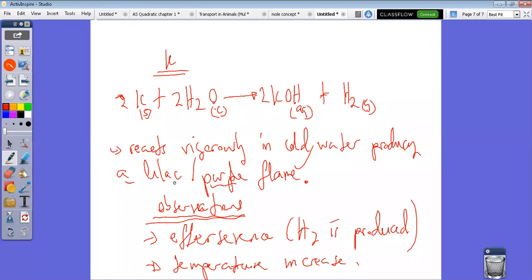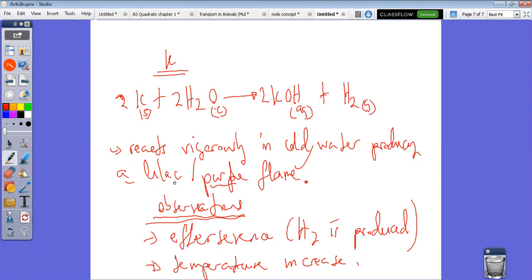If you touch the beaker, if you're using one, it will be very hot. Temperature increase. Very exothermic. Clear. Making sense or not making sense? So that's group one with water.